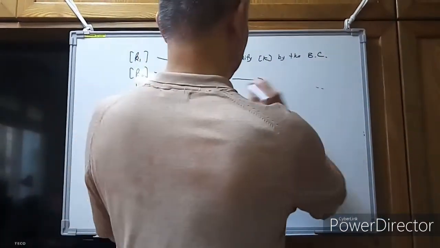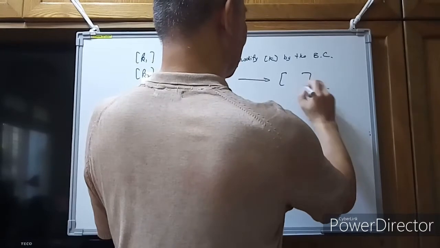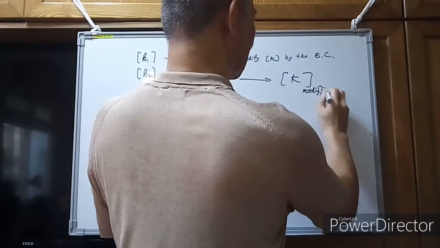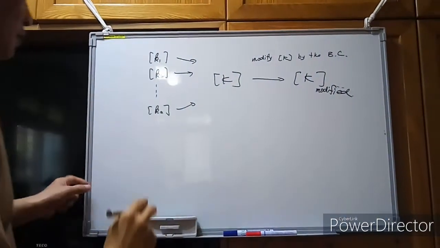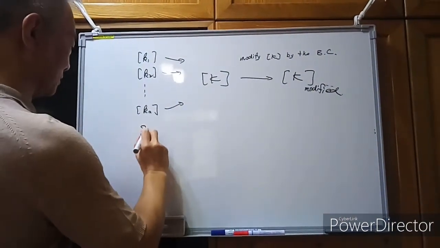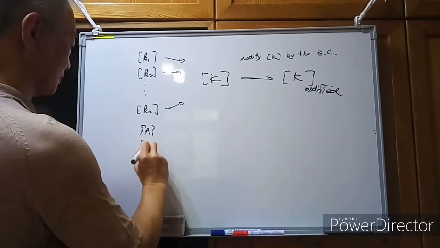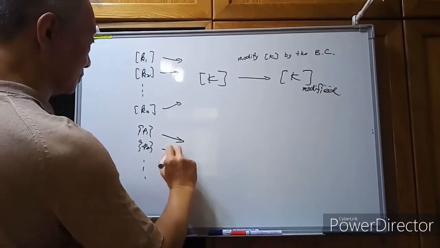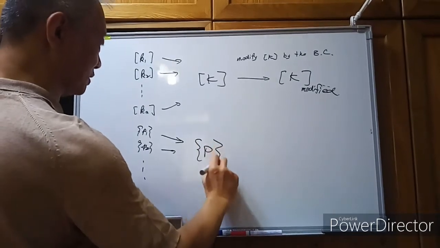So we have the original K, and we have the K which is modified. Also, we need to calculate P1, P2 and assemble them into the global P matrix.